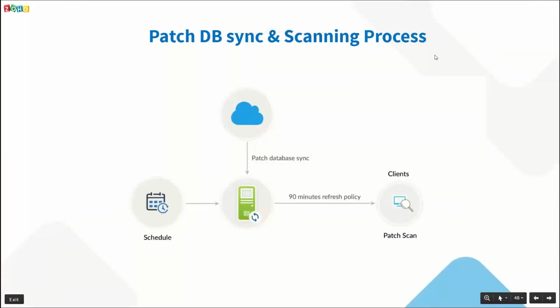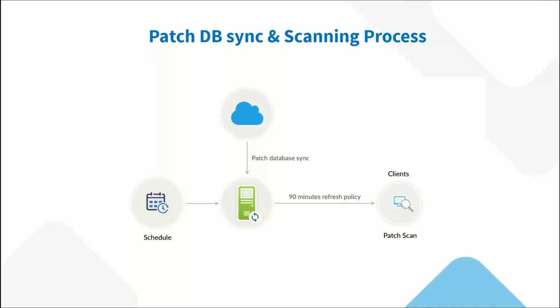The next step is the patch database sync and the scanning process. Based on the schedule, the Desktop Central server will reach out to the online patch database to collect the latest vulnerability information. Once the sync process is completed, based on the 90 minutes refresh policy that we discussed earlier, for the next 90 minutes any machine from John's IT environment that reaches out to the Desktop Central server will have a patch scan performed automatically.